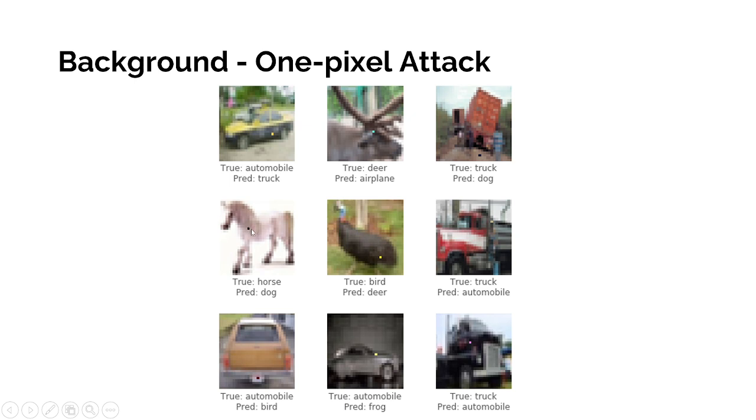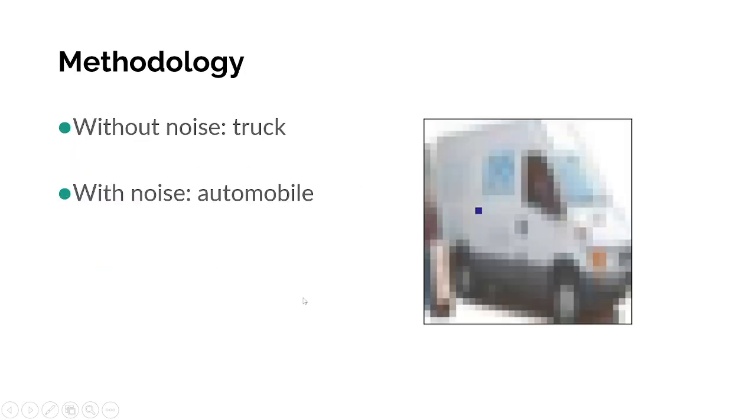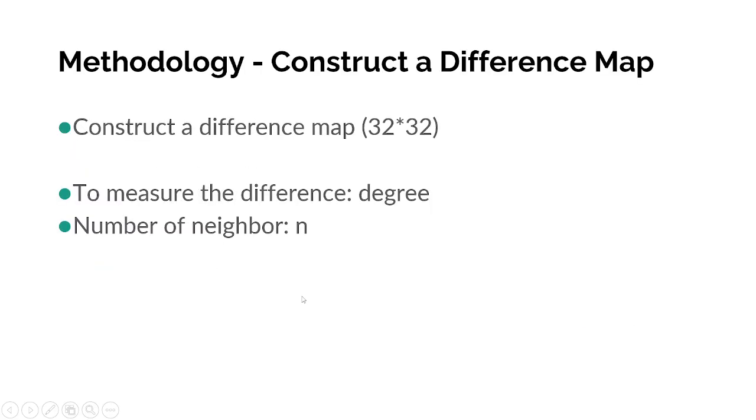So he finds maybe we can just measure the difference in every pair of pixels. So by this way, he constructs a difference map like this.